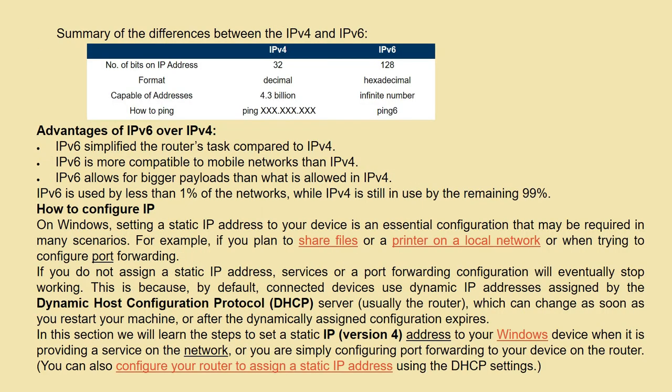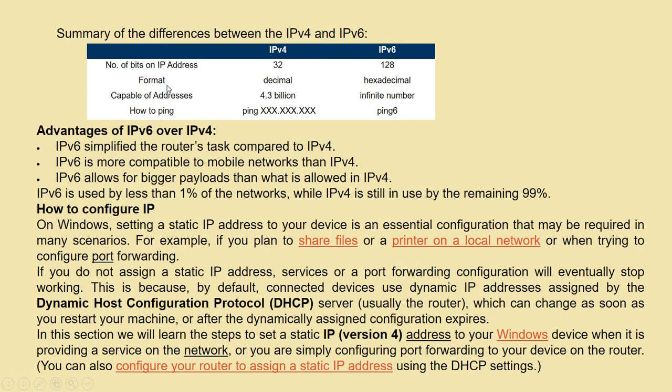Now, what are the major differences between v4 and v6? These things we have to remember. For IPv4, the number of bits in the IP address is 32, whereas for v6 it is 128.